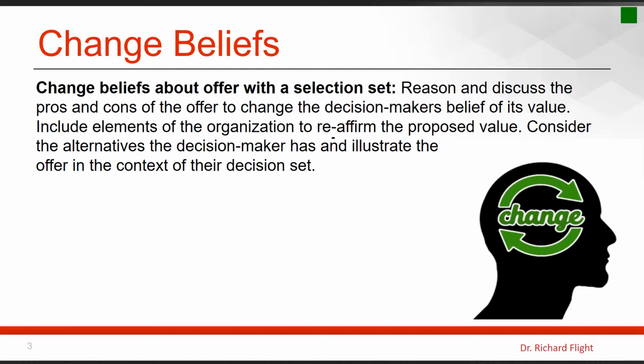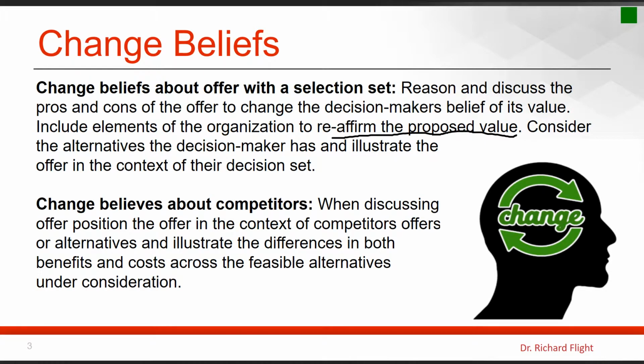So we need to reaffirm the proposed value. And you may recall that value is kind of a ratio between the benefits that the client will receive and the costs they need to give up. So we need to make sure that they clearly understand what they're getting for what they have to give up with our offer, and that it is a positive thing. They're receiving more benefits than they are having to give up in cost.